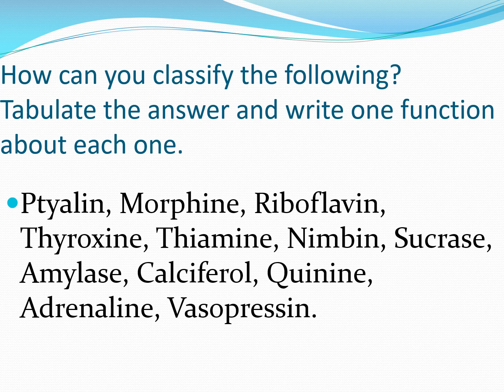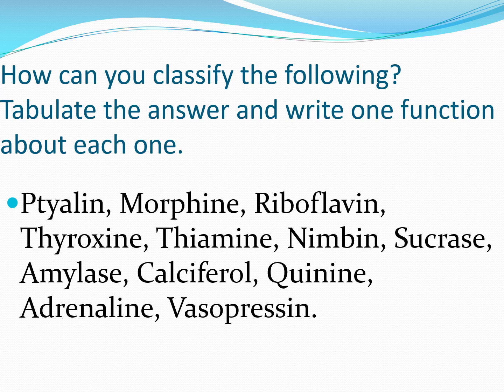Next, riboflavin, thiamine, calciferol, these three are vitamins. Next, morphine, nimbin, quinine, these three are alkaloids. So we have to classify them and should write one function about each.